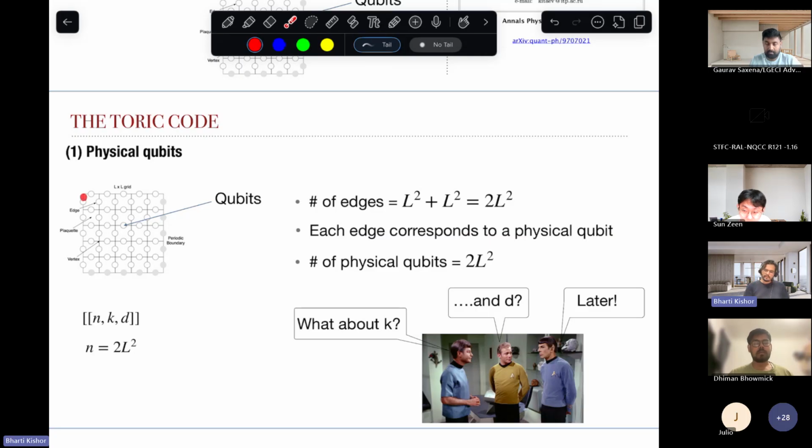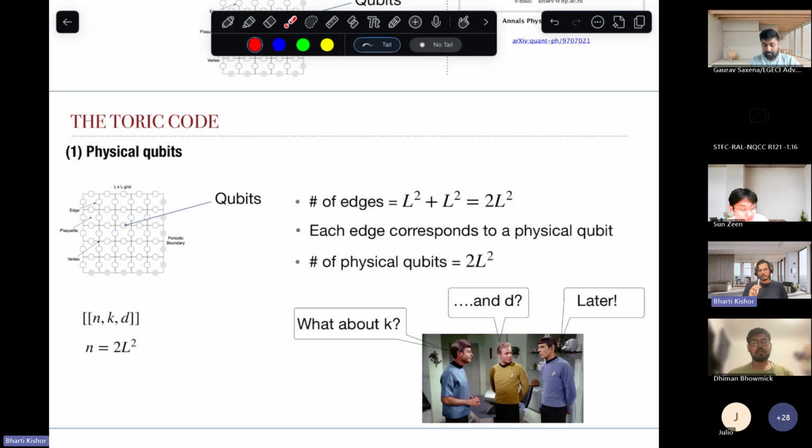So you have L times L edges coming from columns, and similarly L times L edges coming from rows. So you have L squared from columns and L squared from rows, total 2L squared edges. Because each edge corresponds to a physical qubit, the number of physical qubits is 2L squared.